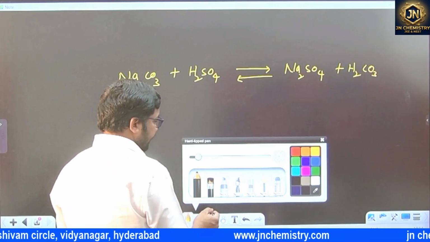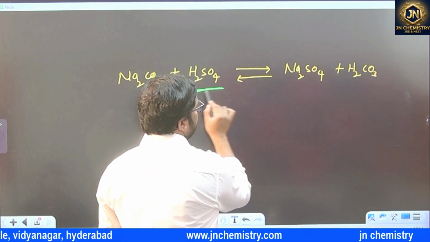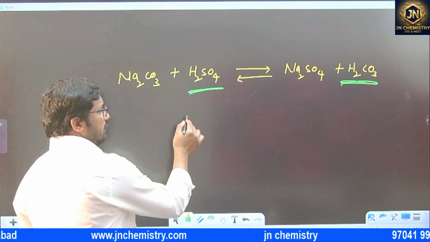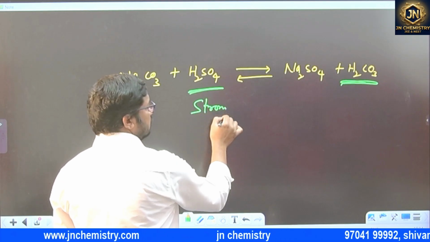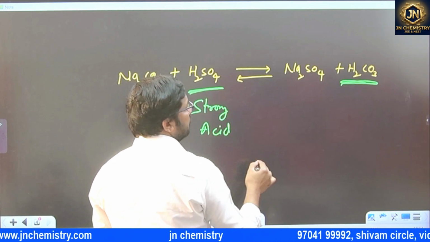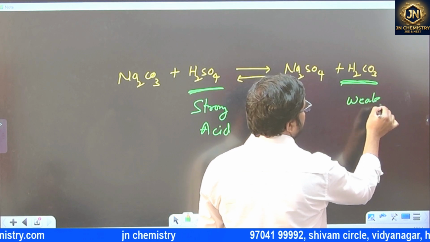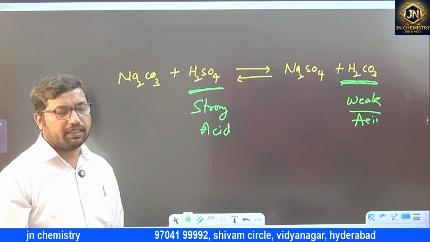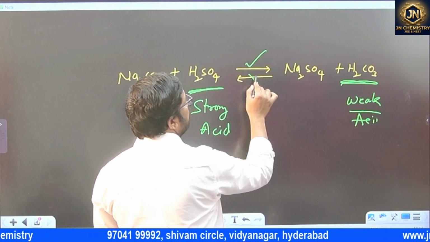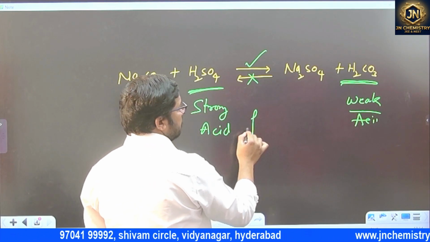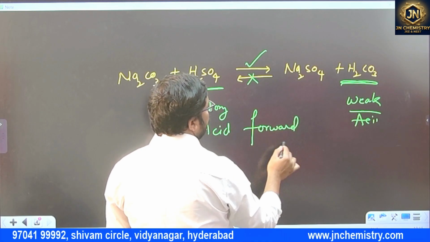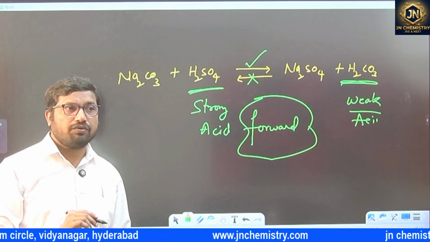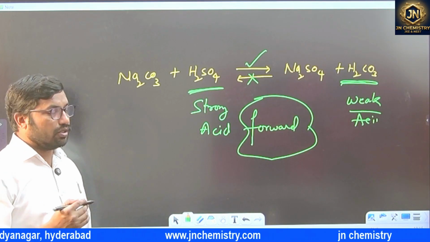H2SO4 is obviously a strong acid. H2CO3 is a weak acid. So strong to weak takes place, which means the forward direction takes place but not backward. Very, very important concept: always reactions are moving from strong to weak but not weak to strong.